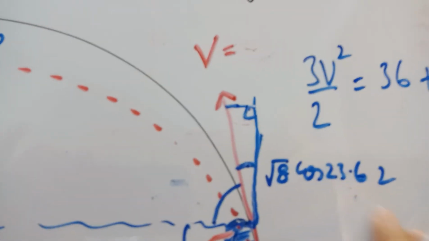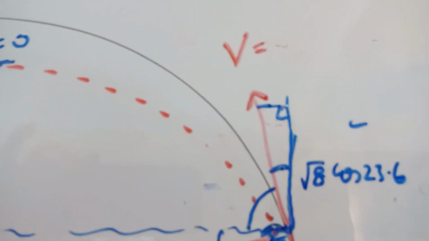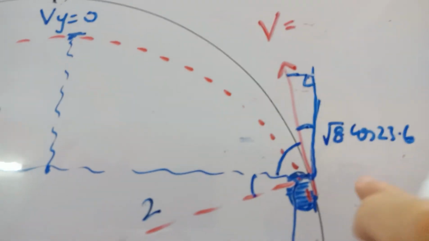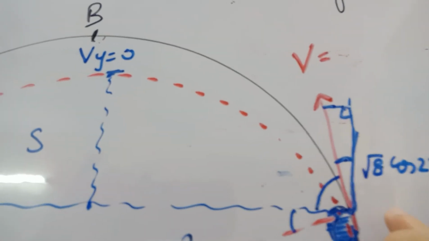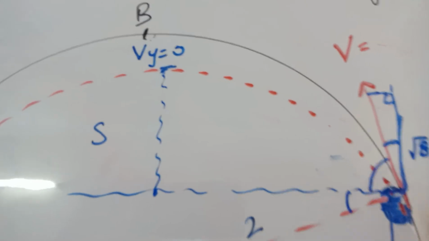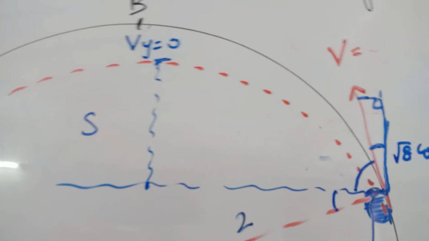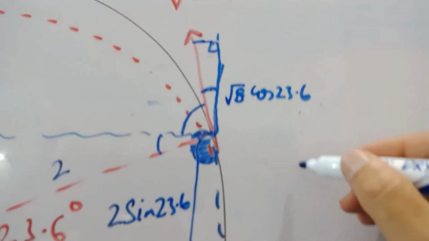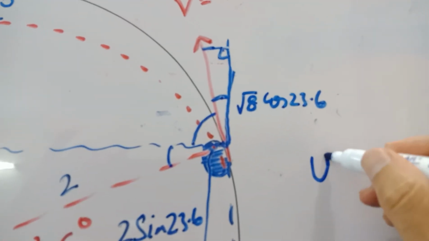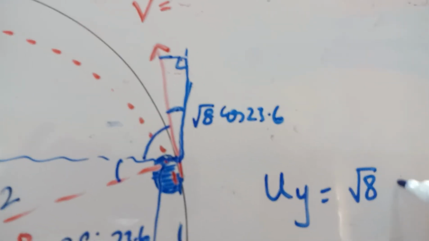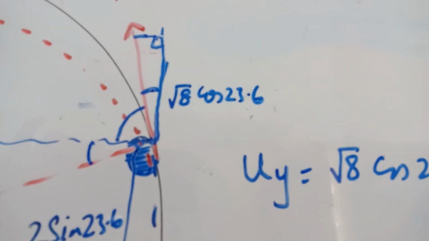This is your vertical component of the velocity right now. Now this becomes the initial speed for the part when it is purely moving under gravity. This is not circular motion now. So we have the initial velocity, that is under root 8 cos 23.6.